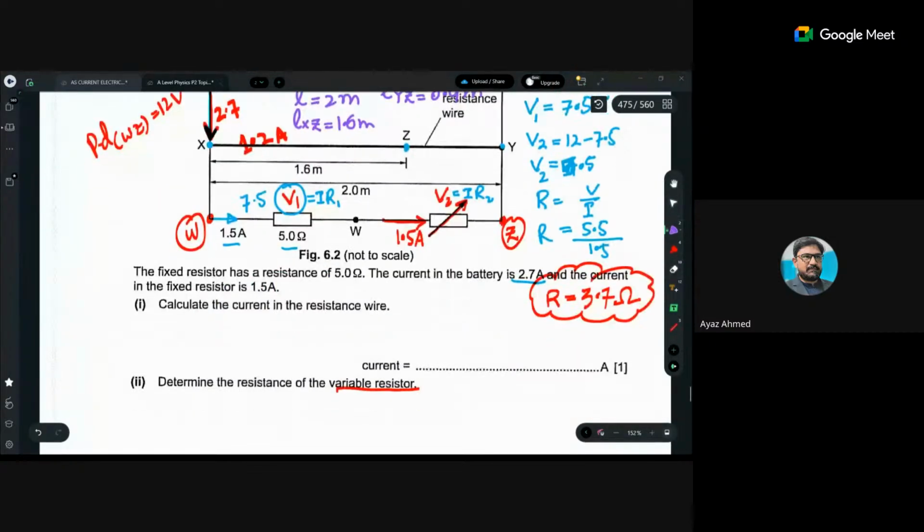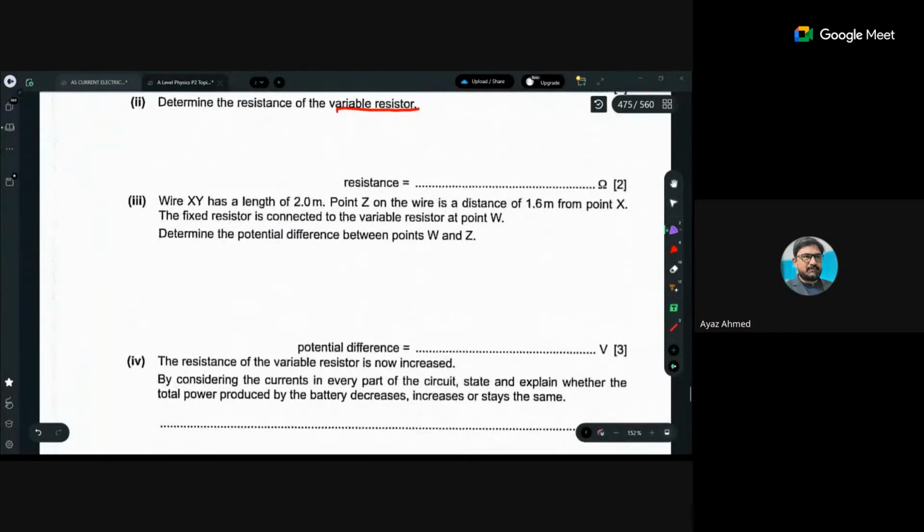Now the problem is that the resistance of the wire is directly proportional to length, and potential difference is directly proportional to resistance. That means potential difference is directly proportional to length. Are you getting my point?